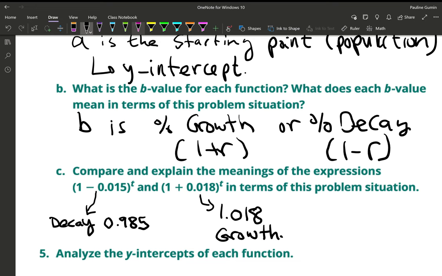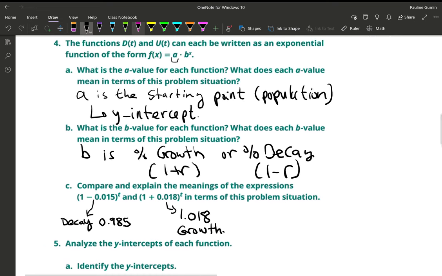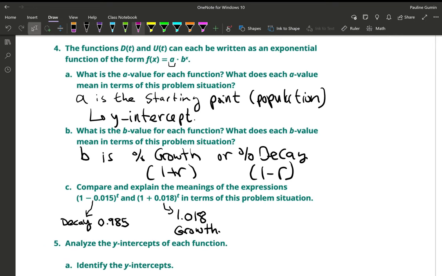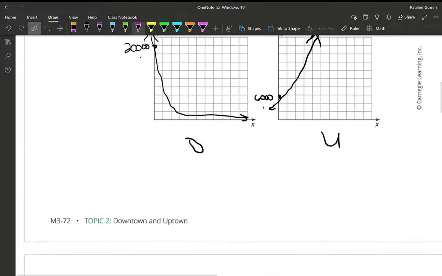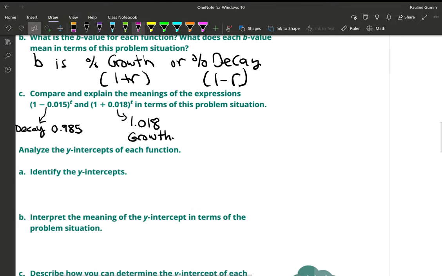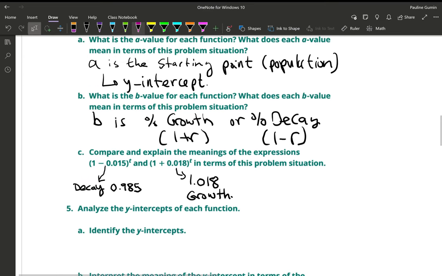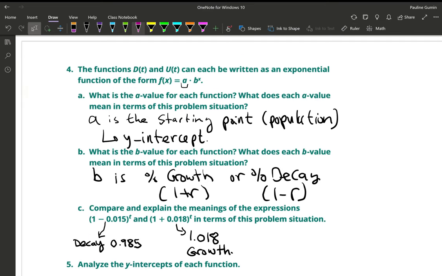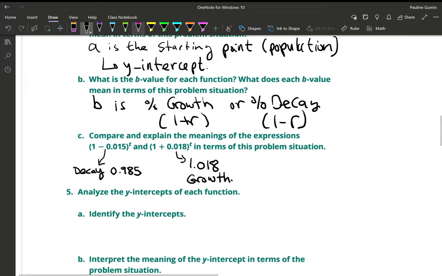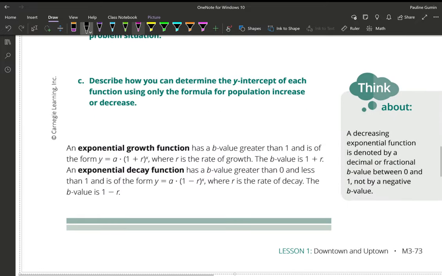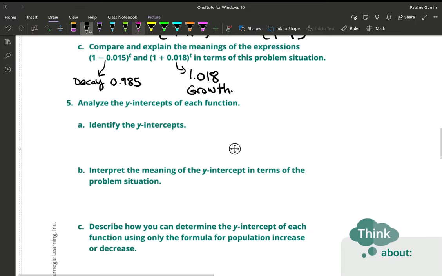Now, number 5 asks us about what we had in number 4 again. So I'm just going to talk about it instead of writing things down. The y-intercepts are our a terms for number 4 and number 3, so 20,000 and 6,000. The meaning of our y-intercept, we wrote that down in 4a. That's our starting population. And how can we tell where the y-intercept is?